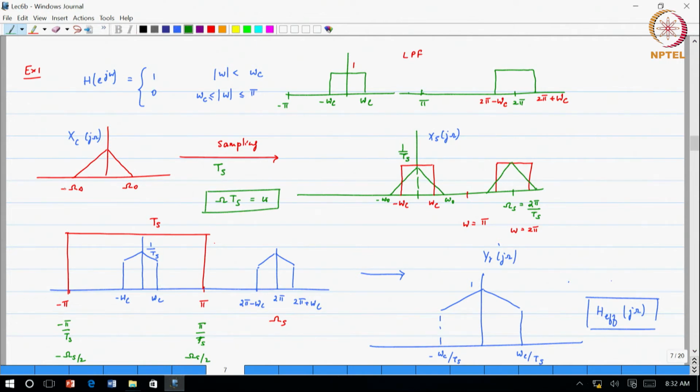So, which means that the input spectrum, which is from minus omega naught to omega naught, can be mapped to a corresponding discrete time frequency minus omega naught to omega naught, and just like you have a condition for no aliasing in the continuous time domain, what is the corresponding condition for no aliasing in the discrete time domain? Okay.